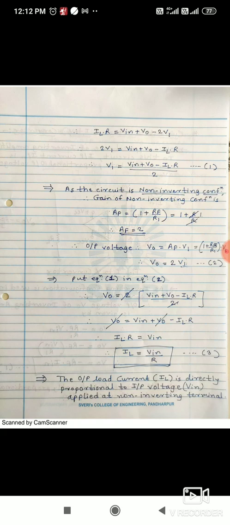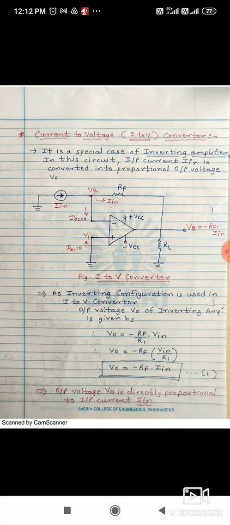These two types of V to I converter we have discussed in detail in the previous lecture. After that we started to discuss the I to V converter, that is the current to voltage converter, also in the previous lecture. At the input of the non-inverting terminal, we have connected the current source IN, or instead of that you can connect Vin and resistor R1 at the inverting terminal.